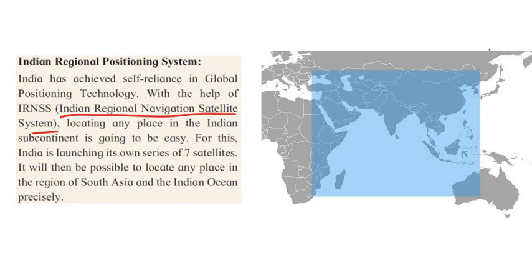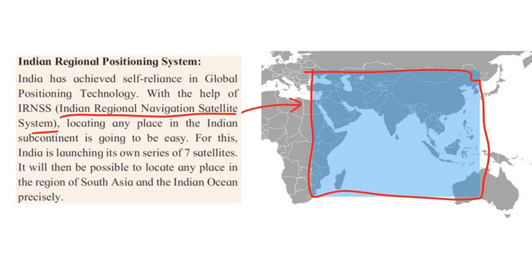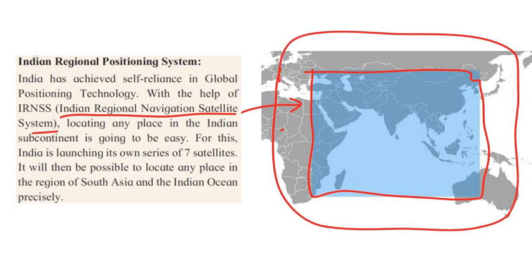So in the world map, this blue region you can see is basically the coverage of IRNSS. So anywhere in this place we can locate the location. For this, India has launched several satellites, and maybe we will be launching more in the future as well. And after more satellites, our region will probably expand. So we will be slowly and gradually able to cover more and more of the region.